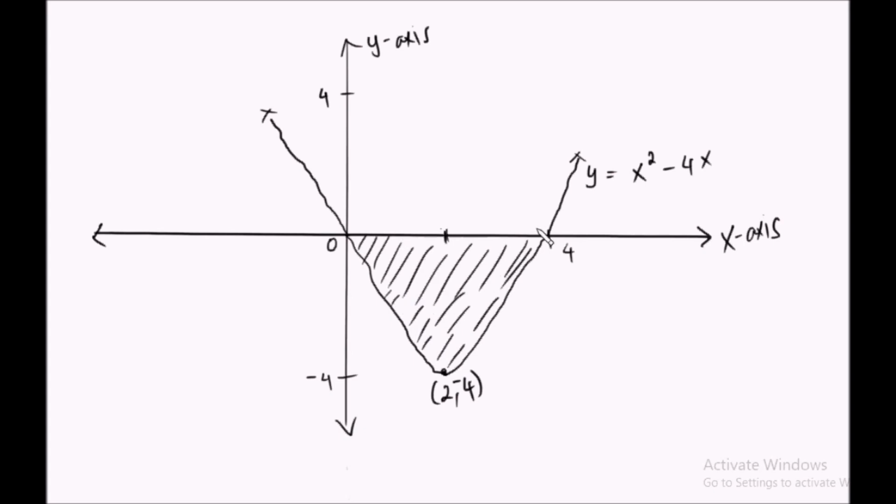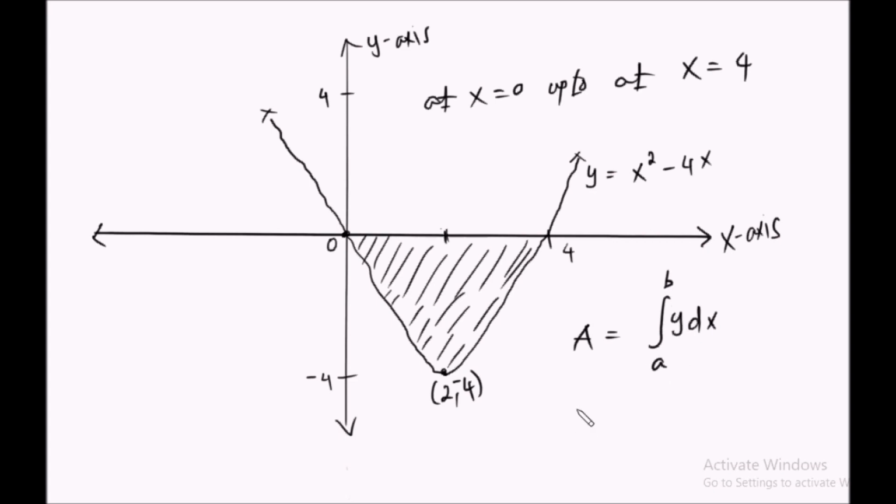You can see the x-axis above, and below it the curve. This region starts here at x equals 0 up to x equals 4. So these are our limits of integration. Now the area under the curve, we said, is the integral of y dx with limits a to b.